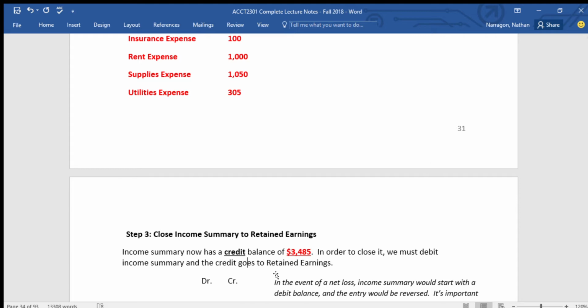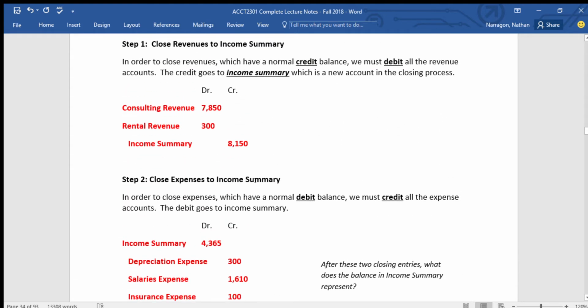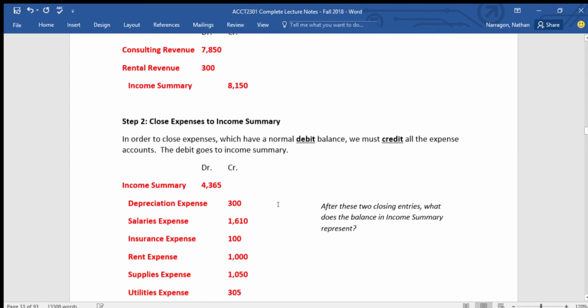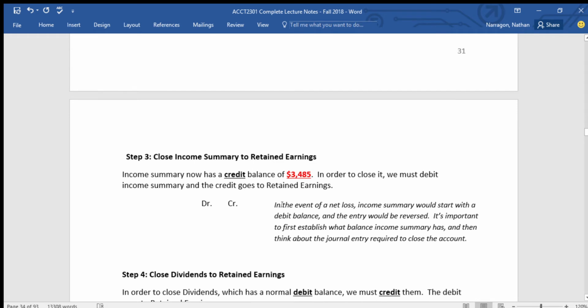Now we move to step 3. Step 3, we're basically going to take the difference of income summary. Right now it has a credit because again, looking up here, it was larger. So of course it still got a credit amount. And we're going to basically close out income summary to retained earnings.